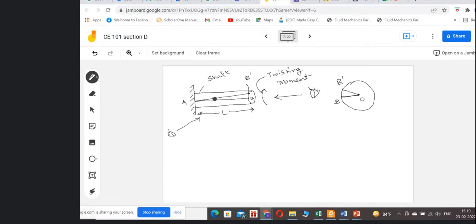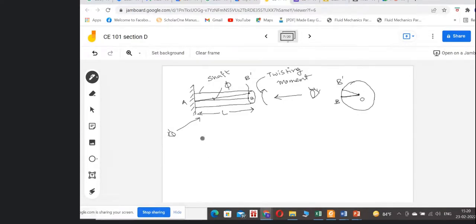This angle, from the definition of shear strain in our very first chapter after mid-sem, we know is the shear strain, because the dimensions are changing in the perpendicular or transverse direction.